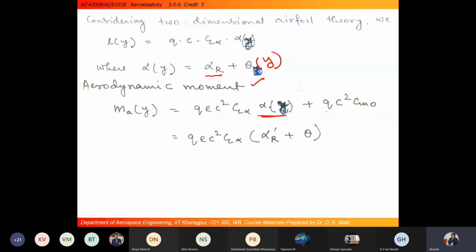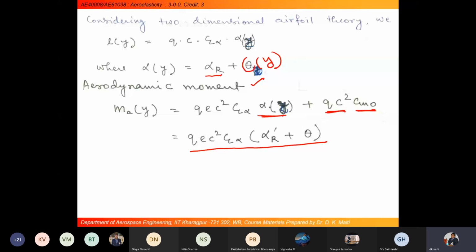So in this equation, the aerodynamic moment has only alpha r prime and theta. We are not getting any W component in the moment, whereas in the lift calculation we have the theta component, the torsional component.